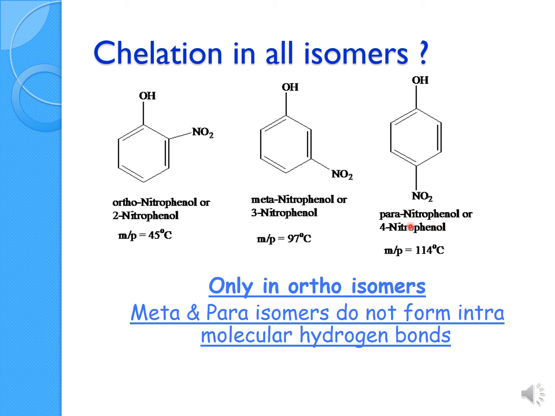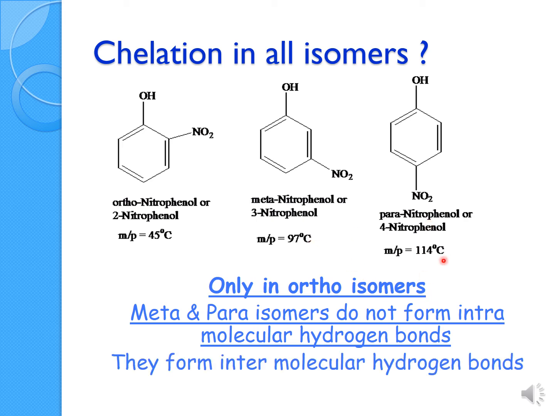That is, if another paranitrophenol comes closer to it, this oxygen atom can form a hydrogen bond with the second paranitrophenol molecule. Both meta and para isomers can form intermolecular hydrogen bonds.